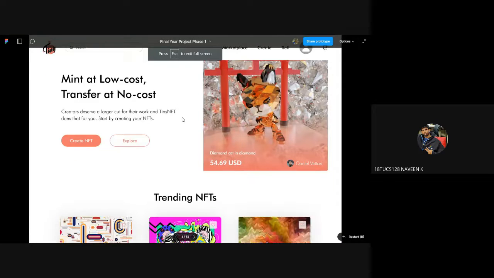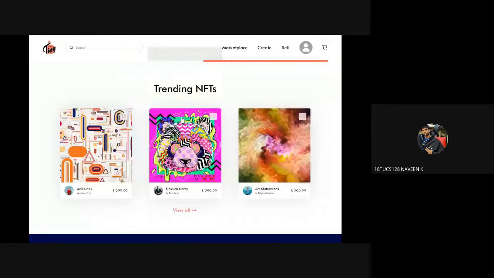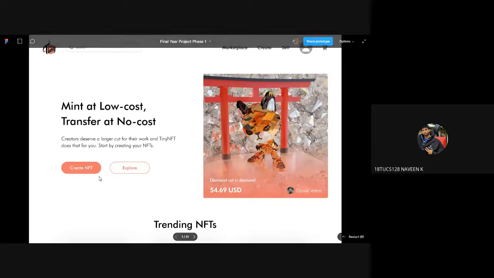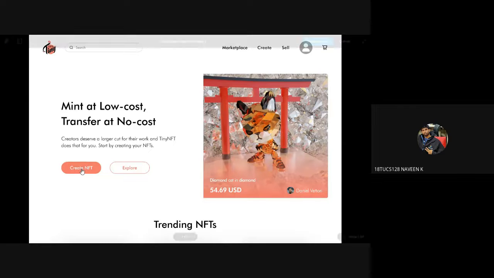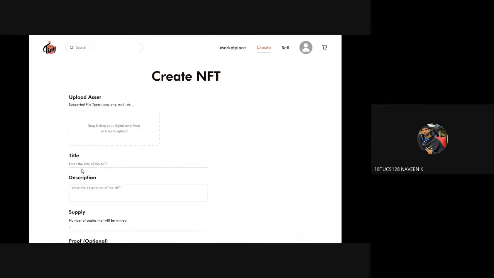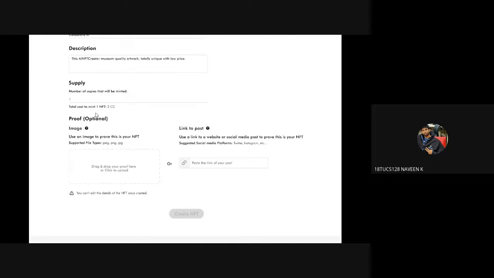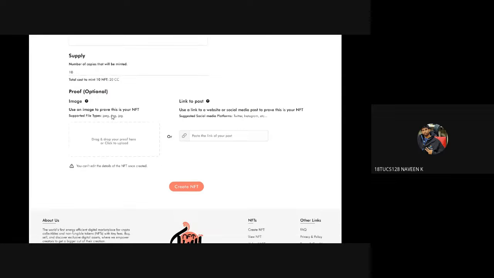Ma'am, this is the website that we have designed and built. This is the prototype of that website. I was explaining about minting. We need to create an NFT, so the first thing is uploading an asset. As I said, it can be an image, GIF, or MP3. After uploading it, we need to enter the title and how many copies.